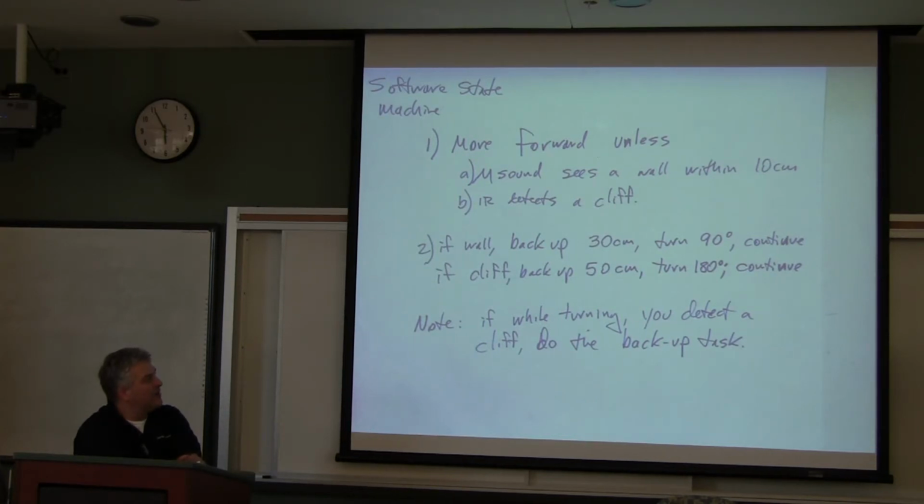If a wall, back up 30 centimeters, turn 90 degrees, continue. If cliff, back up. The assumption I'm making is that you can at least back up 30 or 50 centimeters, depending, and you always have the space there. I pointed out that may not always be the case, but that's what we put out. If while turning you detect a cliff, do the backup task.